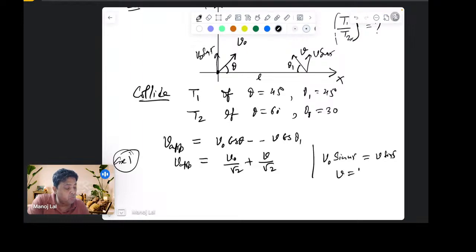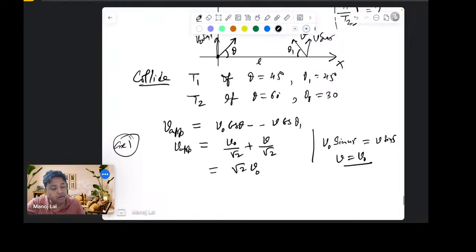It means V is equal to V naught, and I will put it here, so I get V naught plus V naught, 2 V naught by root 2, which is root 2 V naught. And I apply the formula, velocity of approach into T is equal to L. Why no integration? Because there is no accelerated motion, velocity will not change, and collision is there.